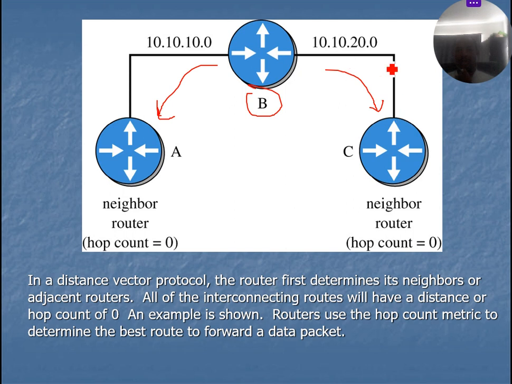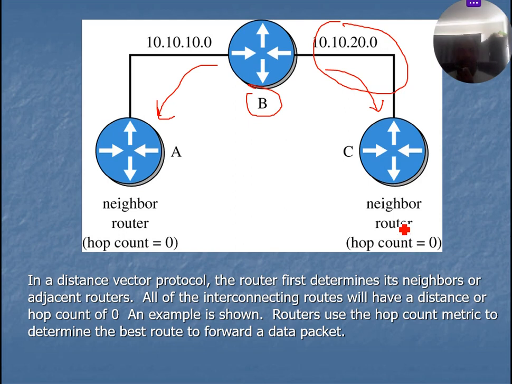So the hop count will be 0 for these routes. When you're looking at the route itself, the hop count will be 0. The hop count will be 1 when you've passed through one router. When you pass 2 routers, you have a hop count of 2. When the data passes 3 routers, it will have a hop count of 3.